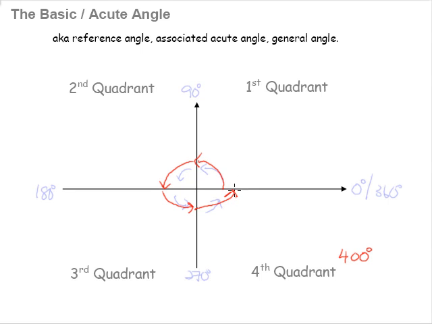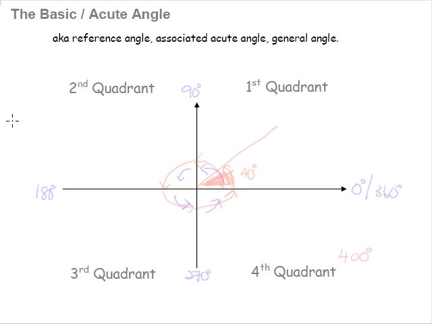So we have to move further. 400 degrees is actually this angle here, 40 degrees more than our 360 degrees. By going more than one round, 400 degrees is the same as this acute angle of 40 degrees.